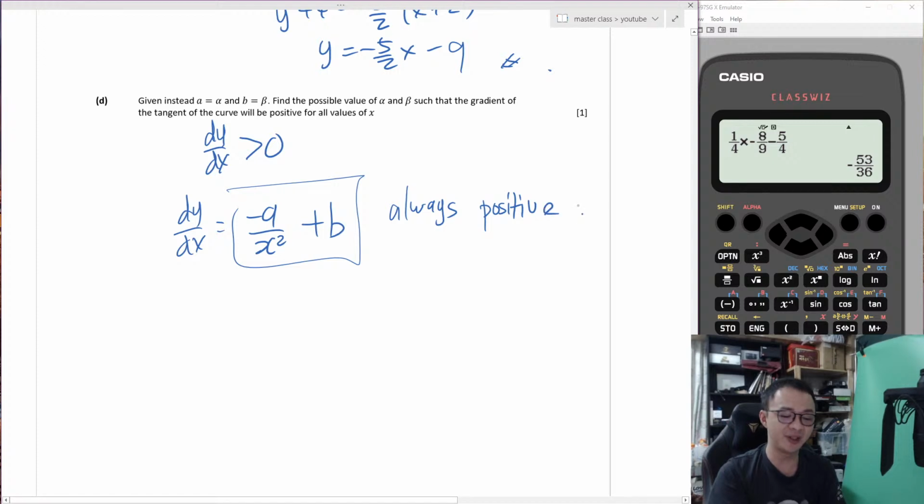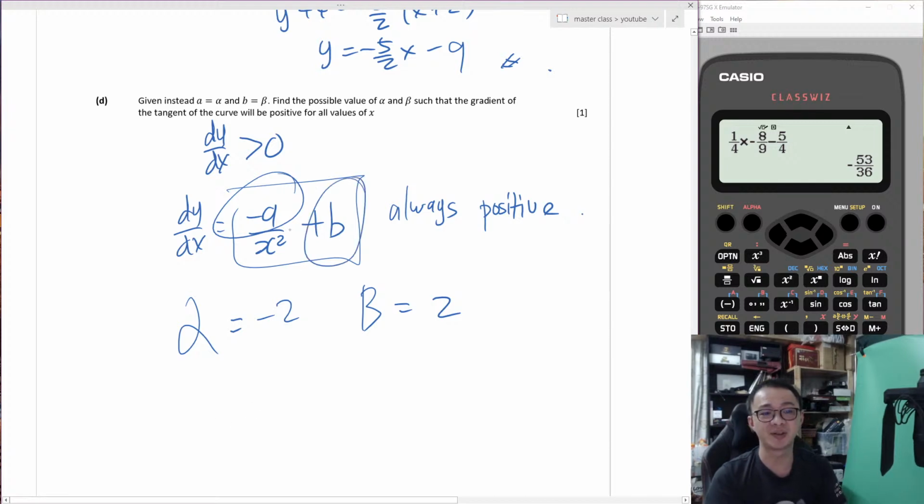So I don't know if this one is based on guessing. I will say the A can be any negative value sub into that. Maybe I say negative 2, B equals to 2. Find the possible values of alpha, right? Then I say alpha must be negative 2, beta must be 2. I just want to make sure here must be positive and here must be positive as well.